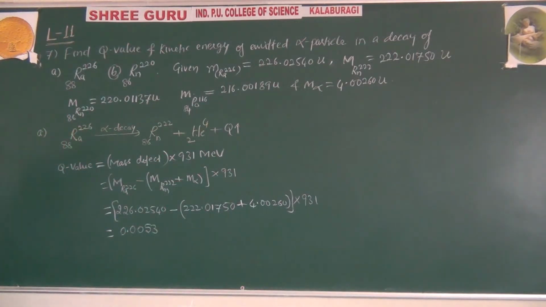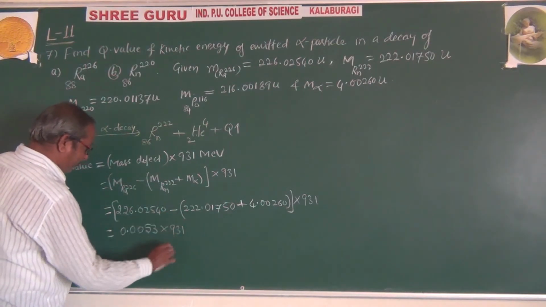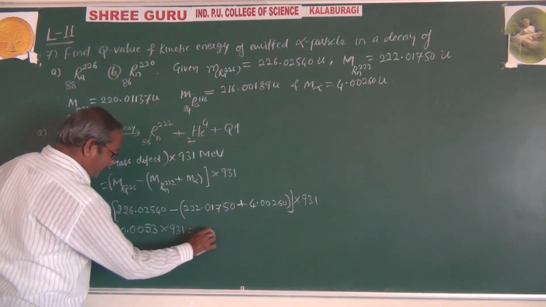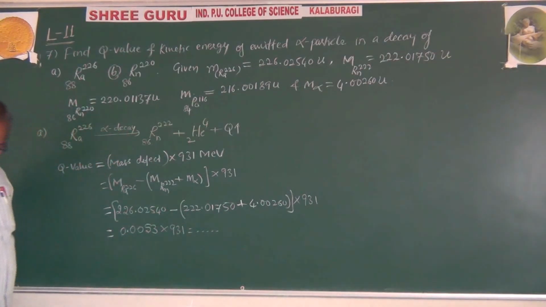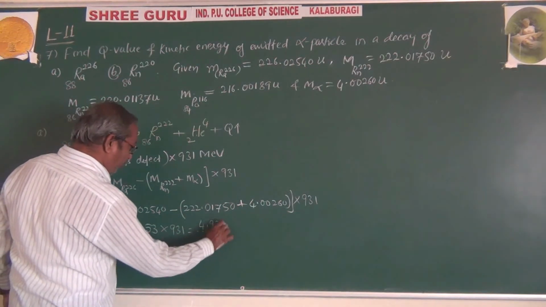Then into 931. After calculation you will get 4.934 mega electron volt.